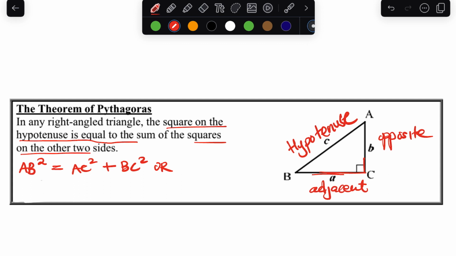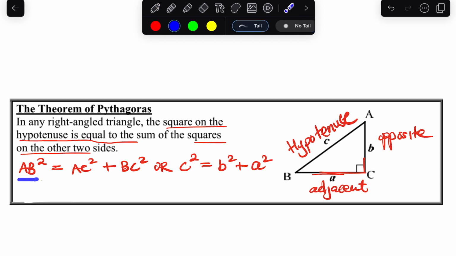You can say the square of the longest side, which is the hypotenuse, in this case is c square, equal to the sum of the squares of the other sides, which is b square plus a square, right? That's the formula for the theorem of Pythagoras.